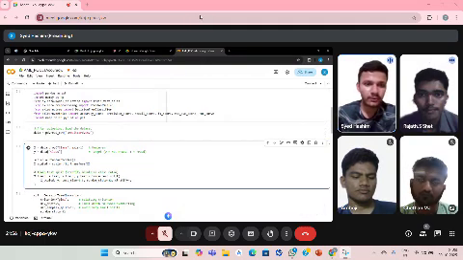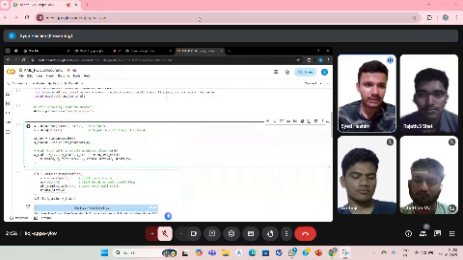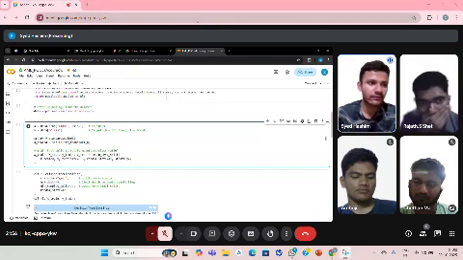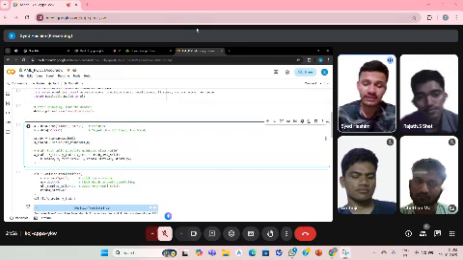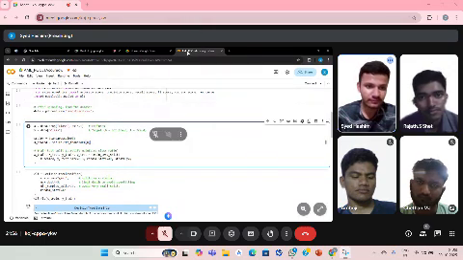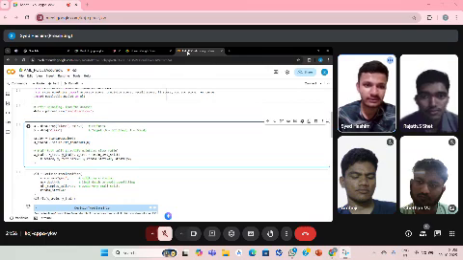So after uploading, we have the standard scaler. This is the library we have used for scaling, and then splitting into the training data and the testing sets of the data. So here we can see the training and testing data.